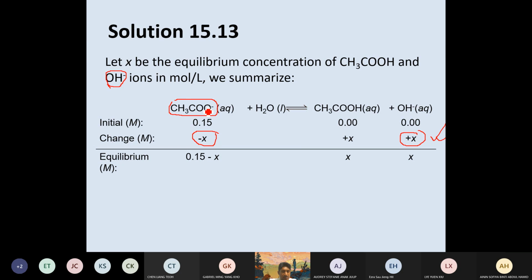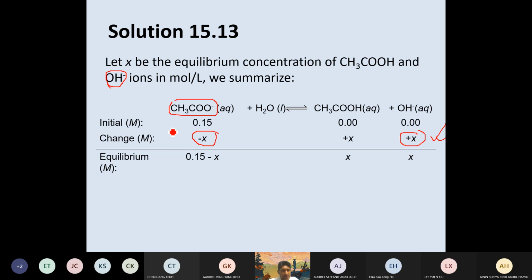Acetate ion was produced, and then this acetate ion is being dissociated, or hydrolyzed, in presence of water, producing acetic acid and what? Hydroxyl ion. But this acetate ion, since it came from a weak acid, will go further into hydrolysis.